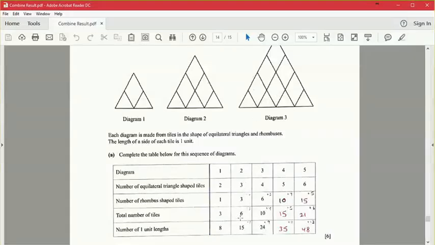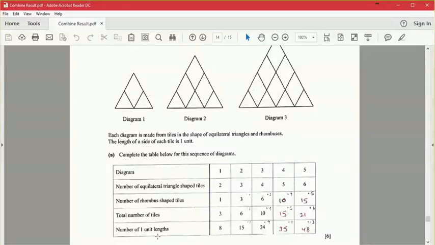So you can see that they increase from this one by one more each time. You can see here it's 3. 3 plus 3, where the number of the diagram is 2, 2 plus 1 is 3. So 3 plus 3 is 6. Then 6 plus 3 plus 1 is 10. Then 10 plus 4 plus 1 is 15. 15 plus 5 plus 1, 21.